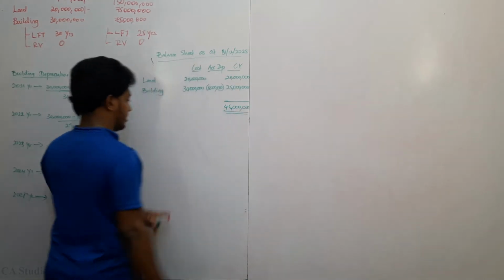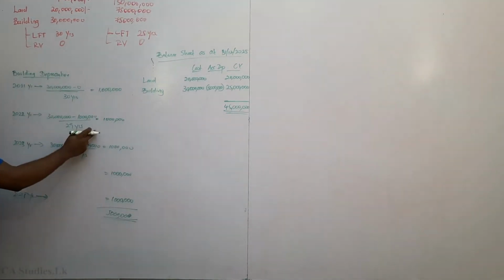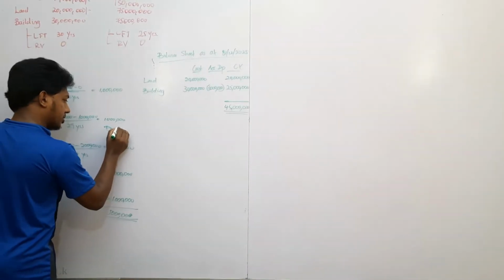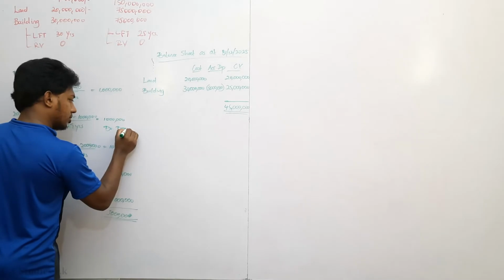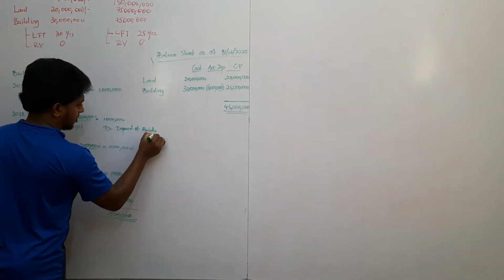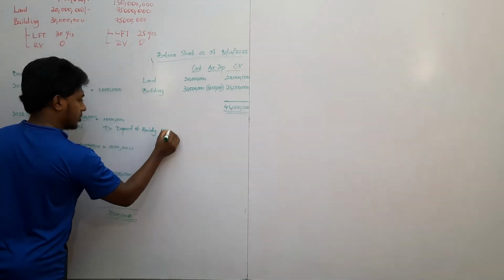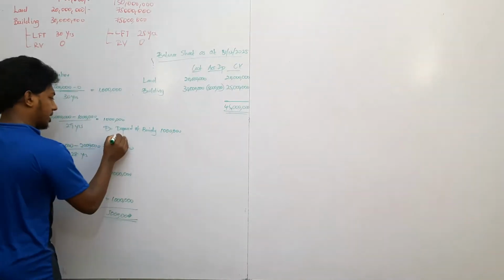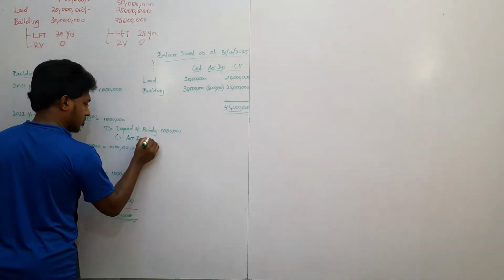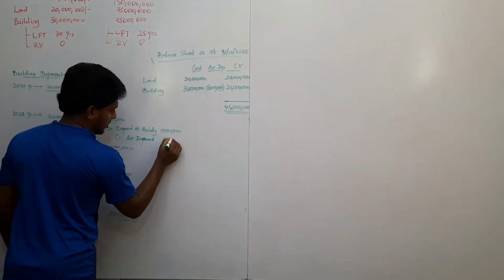So this is the double entry: debit depreciation of building 1 million, credit accumulated depreciation 1 million.